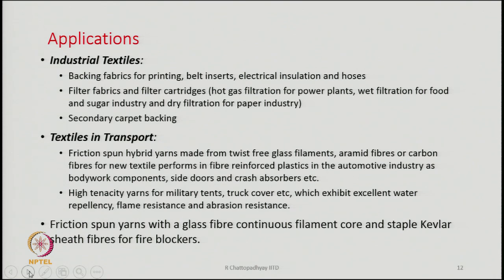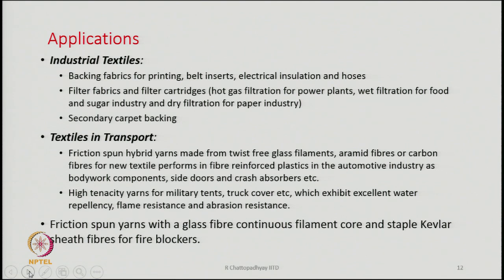Now comes the applications. There are varieties of applications of the yarn that we can produce on friction spinning 2 or 3, that is, either open end type of friction spun yarn or a core-sheath type of friction spun yarn. And this is possible because we can actually engineer the yarn in a better way, so that we can selectively place the fibers wherever we want.